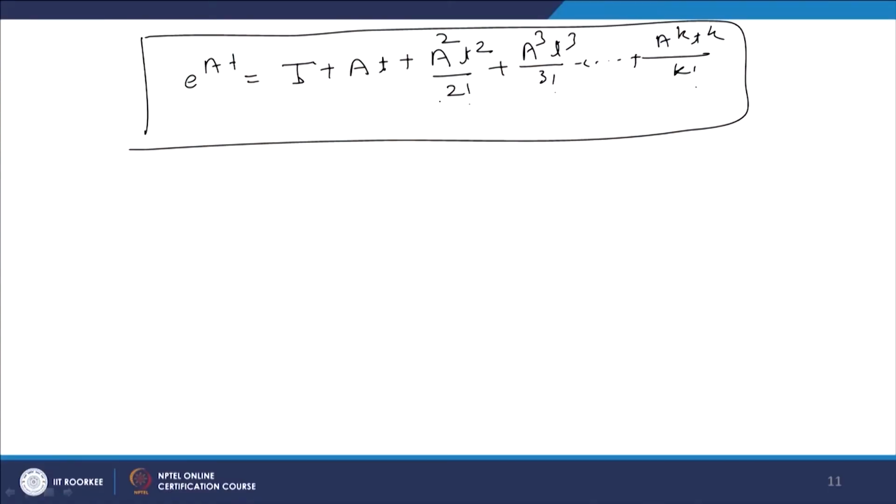So, in that case, what input is available to you? Input available to you is the A matrix. So, you replace the A matrix and solve it, you can get the result. Now, we try to solve one example.